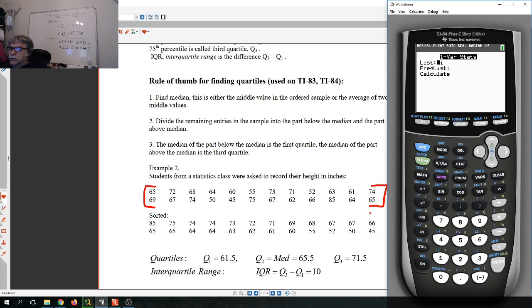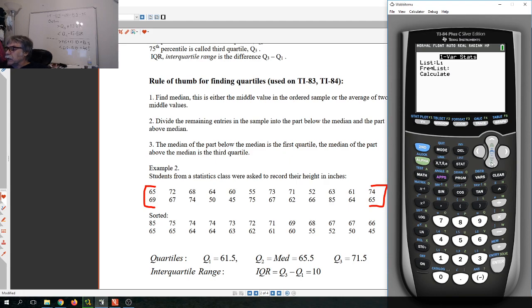I said it already before, if you have data where maybe 85 is 3 times, 75 is 7 times, 74 is 2 times, and on you go, you just write every item once, and then in the next list in the same row you write how many times that item occurs, in which case you would use a frequency list, maybe L2 or whatever list contains the frequency.